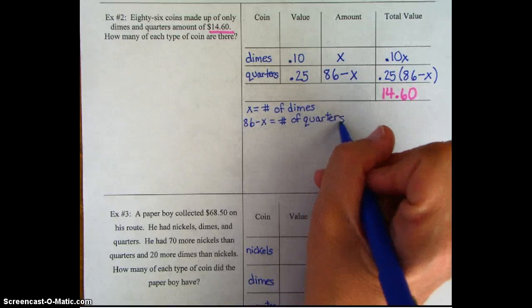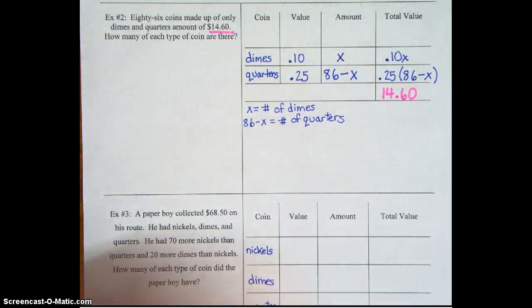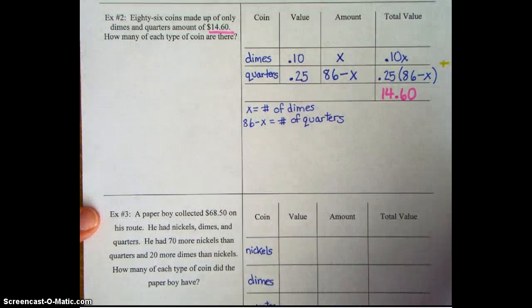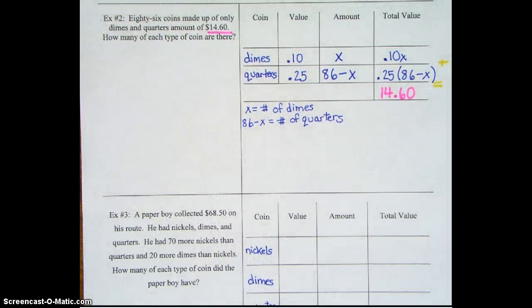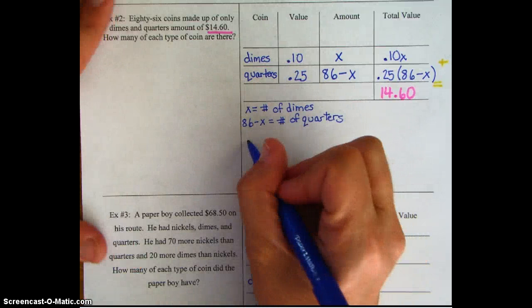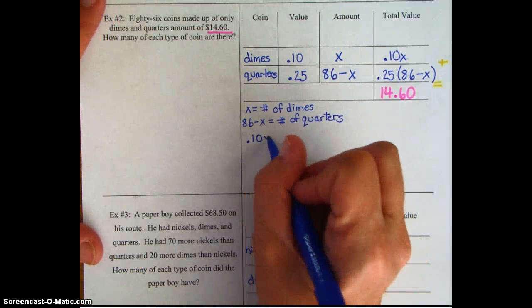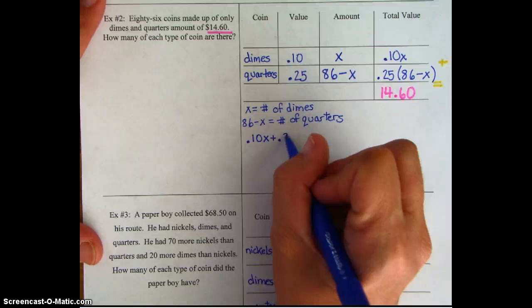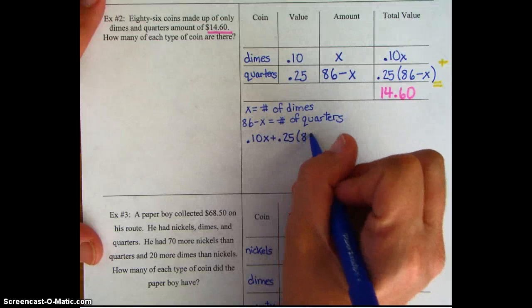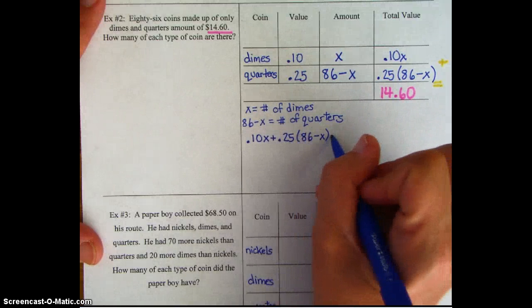Just like the other problem, we're going to be adding the two values to equal the bottom. So we've got 0.10x plus 0.25 multiplied by 86 minus x equals 1460.